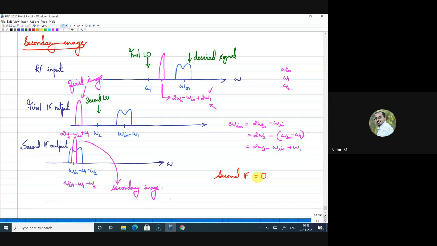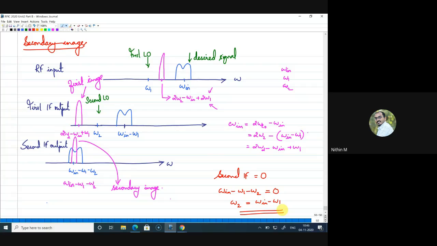How is that possible? How can I make the second IF equal to 0? The second IF frequency is ωin minus ω1 minus ω2. When I say this should be equal to 0, the meaning is the ω2 value should be equal to ωin minus ω1.